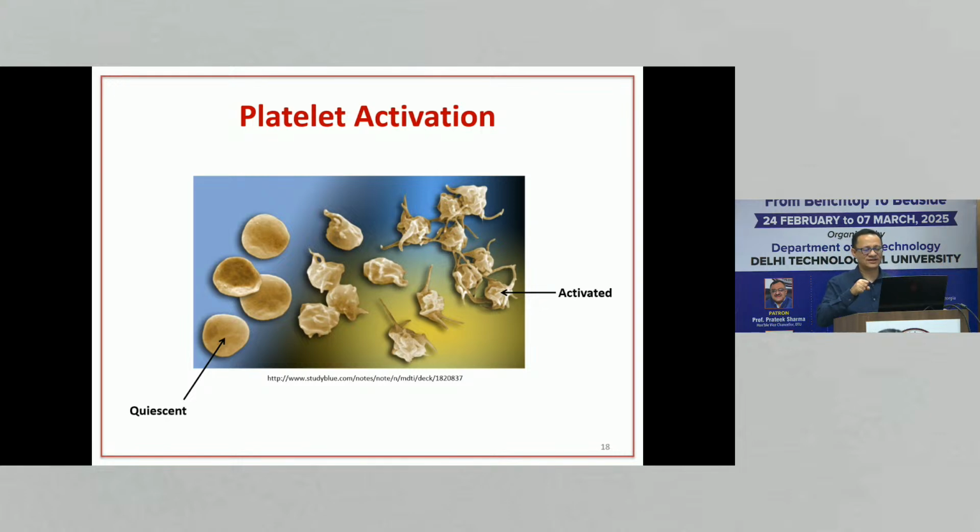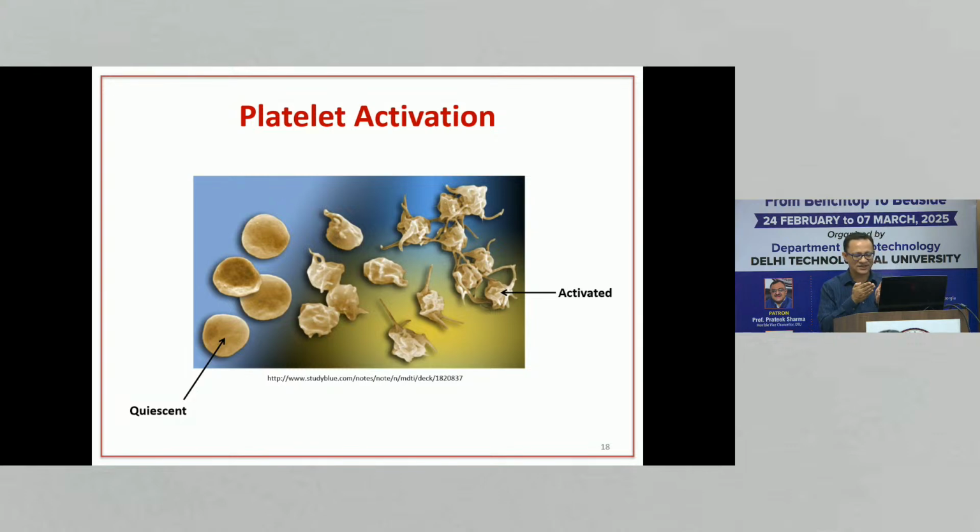Once it starts activating, it's grabbing onto the surface with all these little legs, and it starts releasing certain chemicals to tell other platelets that they need to come and help them aggregate and clot even more. And that's very smart of the body, right?